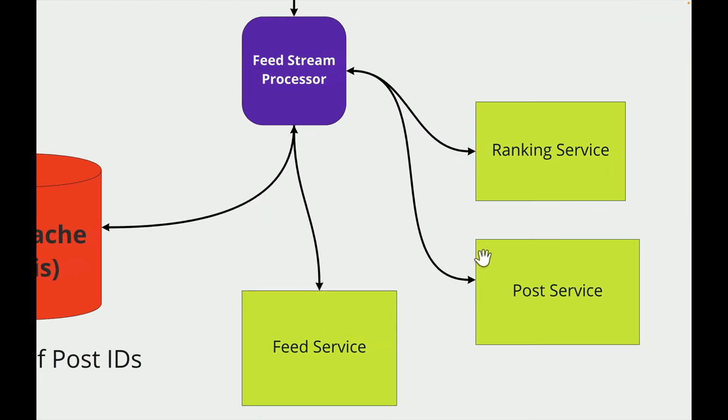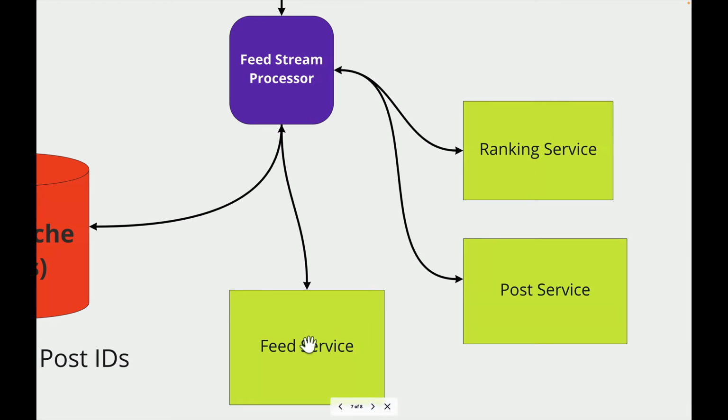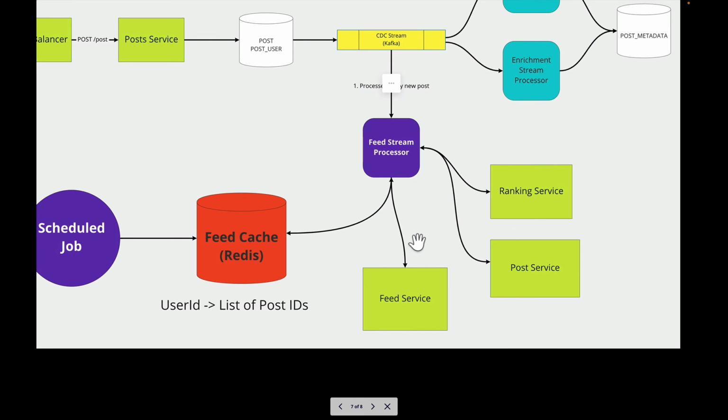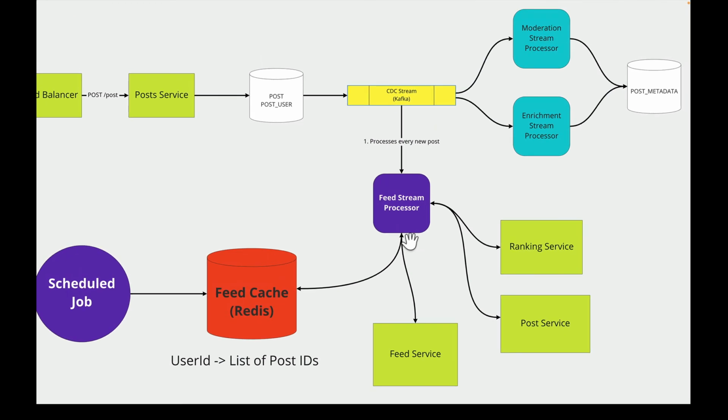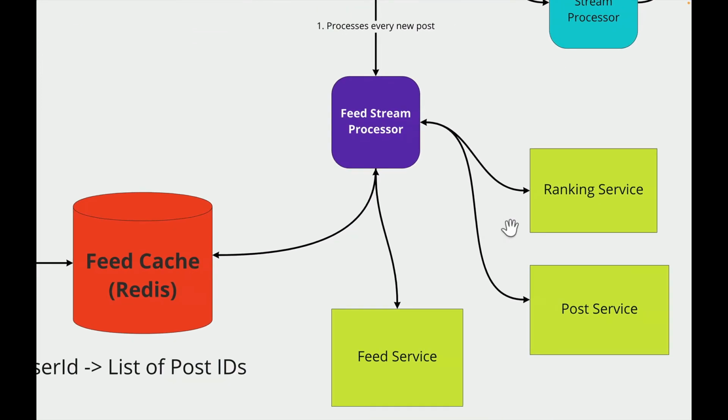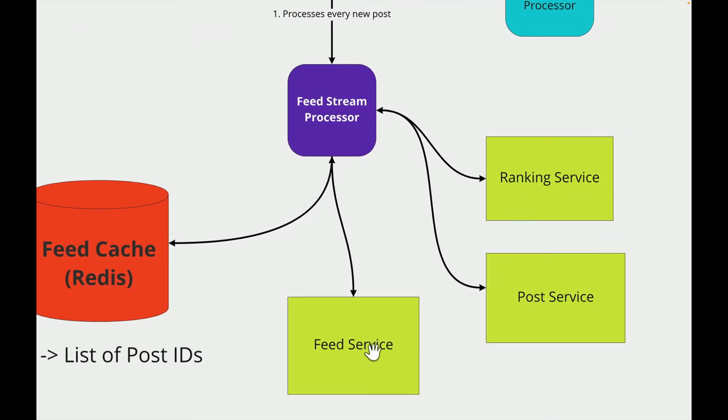For that post, it can talk to the ranking service, the feed service, the post service, all those things to populate this post into the feed of all the users that should see the post. So let's say for a given user, if they have 10 friends, the feed stream processor is going to take in the post that the user created, talk to the feed service, the ranking service, maybe the friends service or any other service we might have.